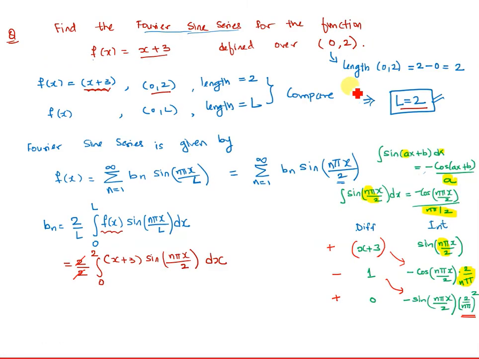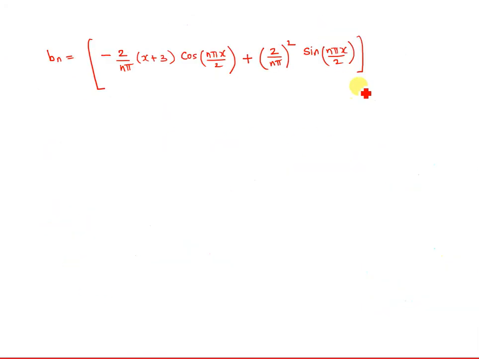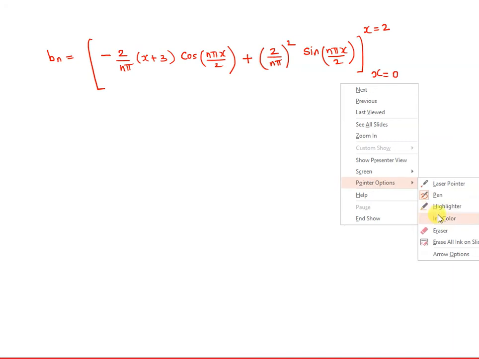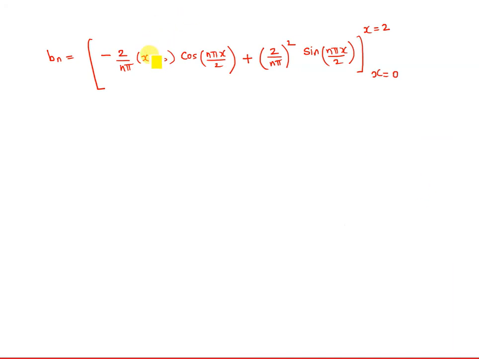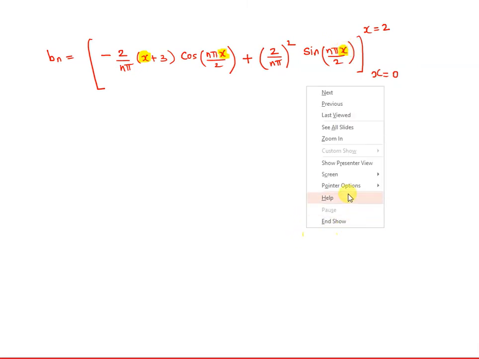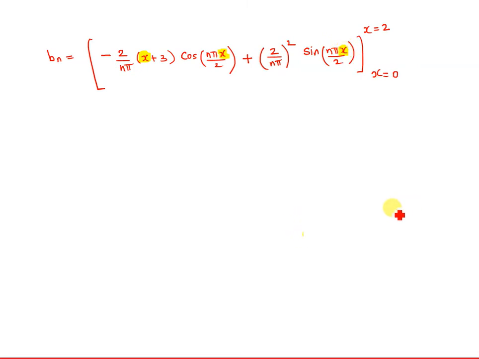And what were the limits? Limits were from 0 to 2, so here x varies from 0 to 2. Now we have to carefully substitute the limit of x at all the places, here, here and here. So we have 3 places where we have to substitute the limit.